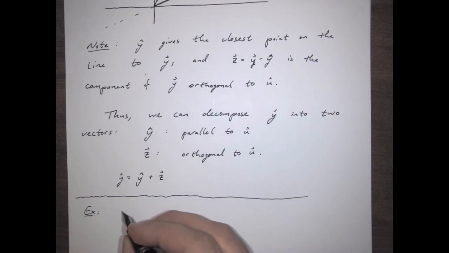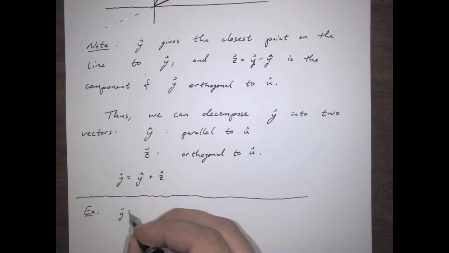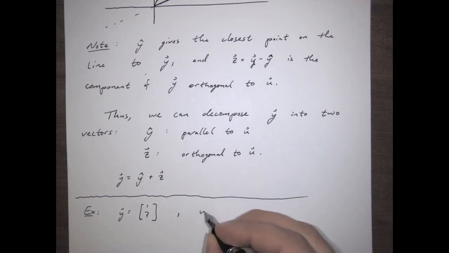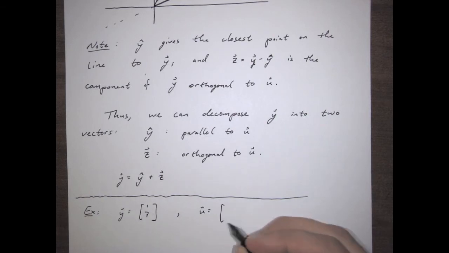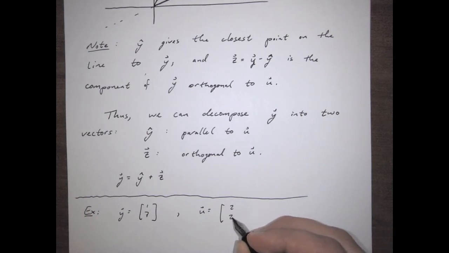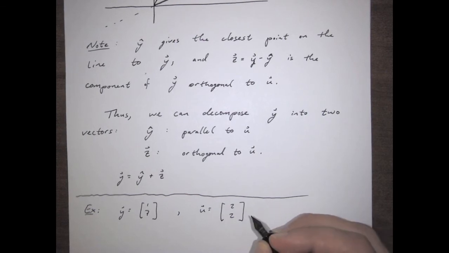Let's say that what we have is y, which is going to equal, let's say, (1, 7). And let's say u is going to equal (2, 2). Okay.